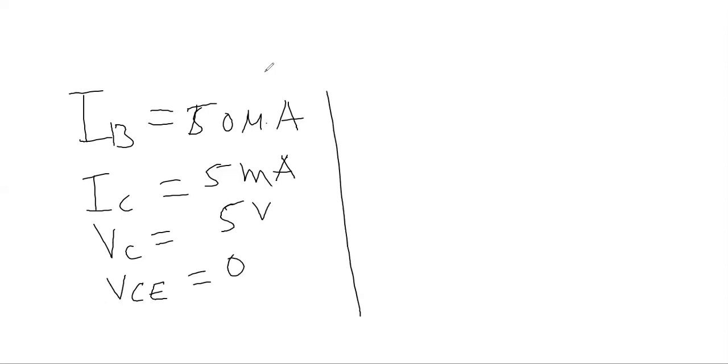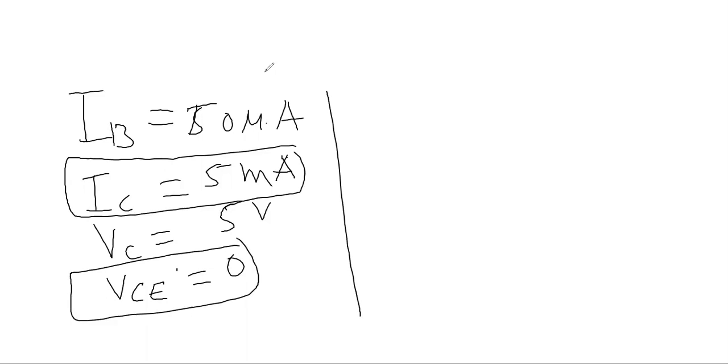So after this, when you increase the current, you cannot increase IC more than this 5 milliamp. Even if you increase IB, IC will not increase, because the output voltage VCE becomes 0.